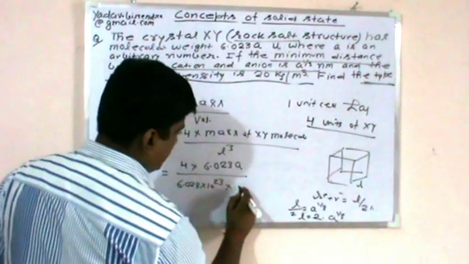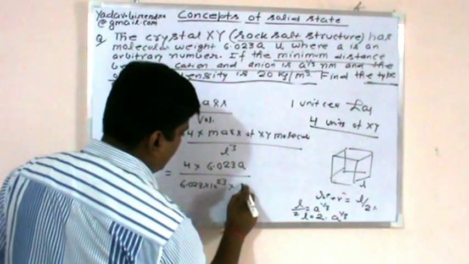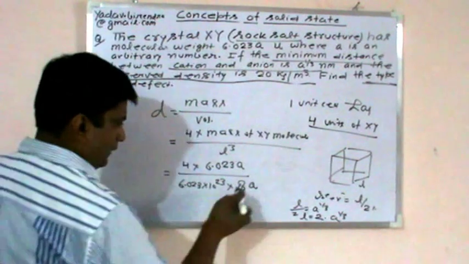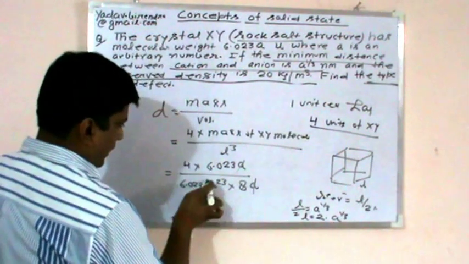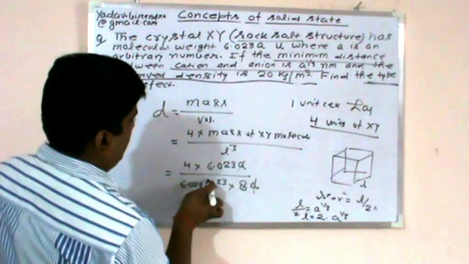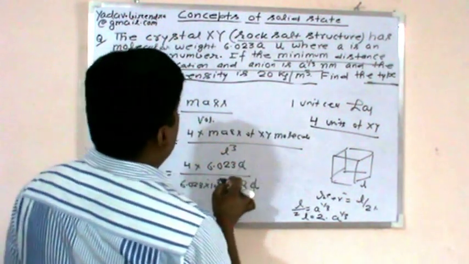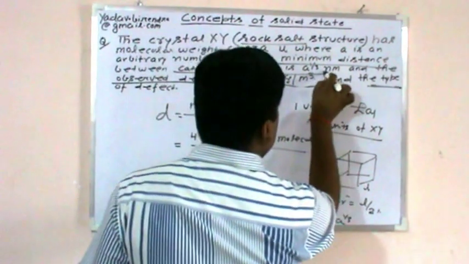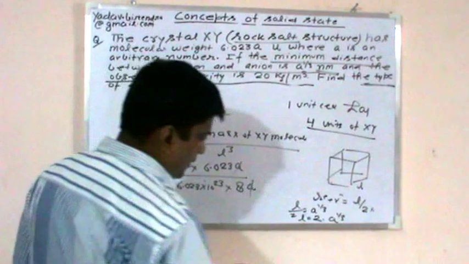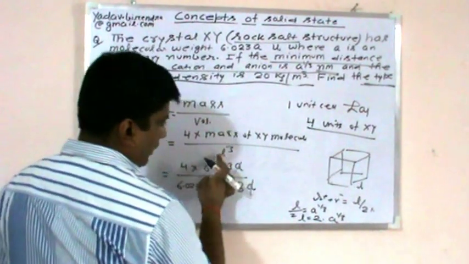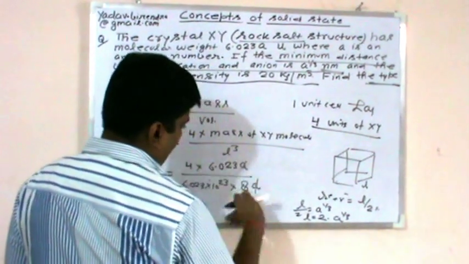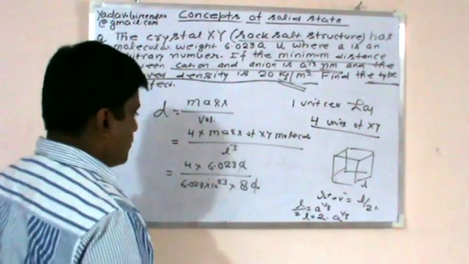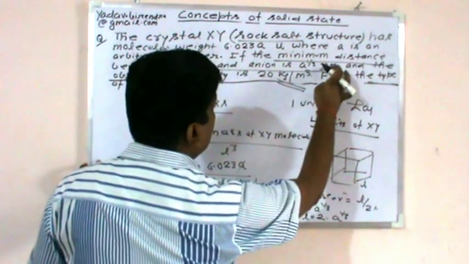So I will put here 2 A to the power 1 by 3, which will become A. But keep in mind this A to the power 1 by 3 is given in nanometer, so L will be in nanometer, and since we need to find this in kilogram per meter cube, I will convert nanometer into meter.